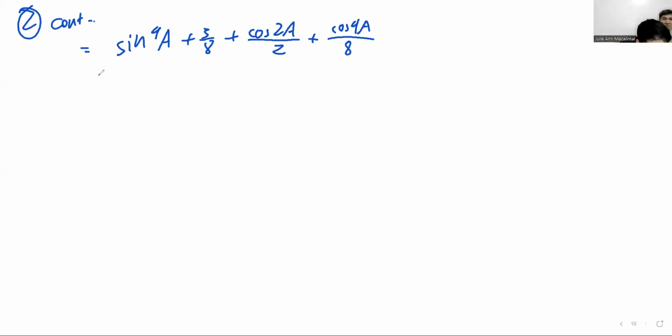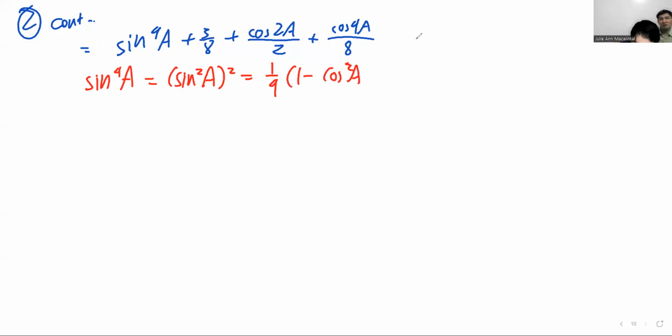Okay, so now, earlier I preserved the sine for A because it would be overwhelming. Actually we could have done that earlier, but it would be too hard, maybe prone to errors.